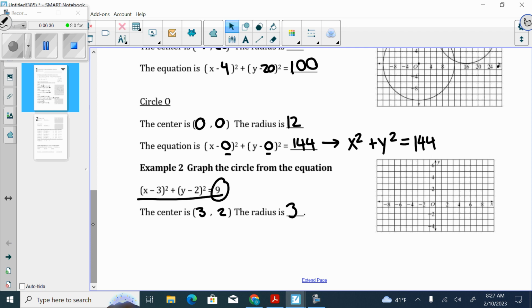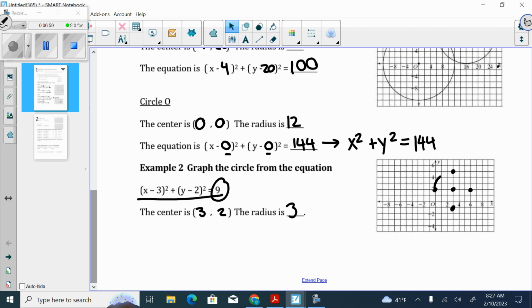All right, so if I was to graph this, I come over here and I put my center at 3, 2, and then I need to plot points that are a radius of 3 away. So I'm going to go to the left and right and up and down.